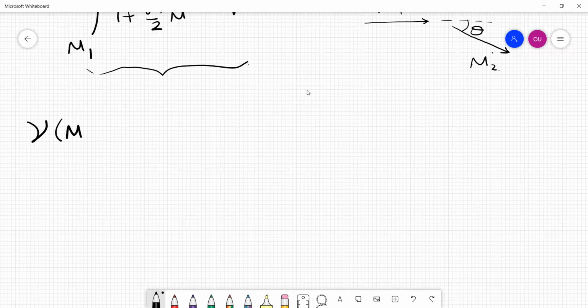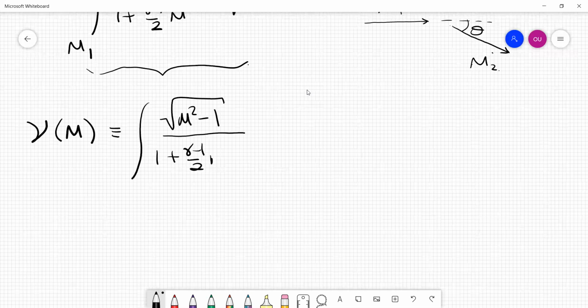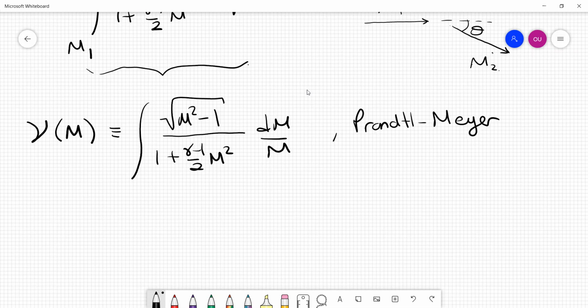It's called the Prandtl-Meyer function, nu(M), and its definition is this. I will rewrite it again. It's the integral of the square root of M squared minus 1 divided by 1 plus (gamma minus 1) over 2 M squared, dM over M. And this is known as the Prandtl-Meyer function.